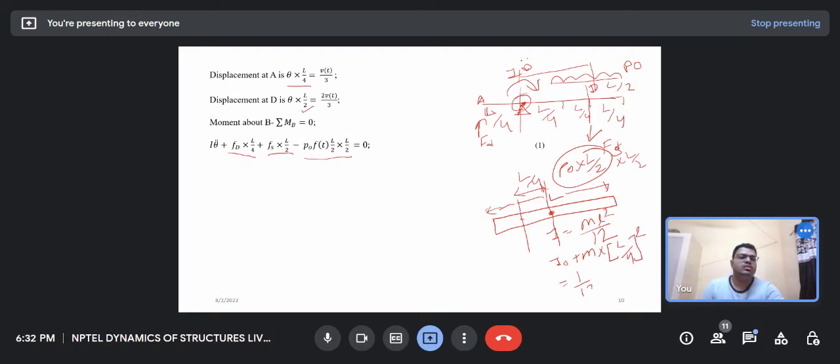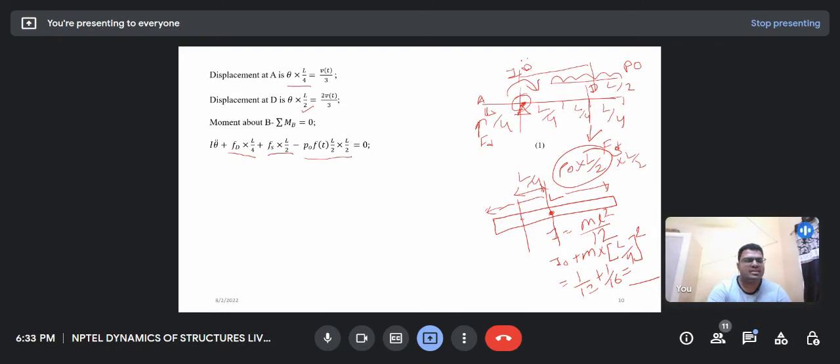So that will be 1 by 12 plus 1 by 16. If you take the LCM, you will get your I. Can anyone tell me what your I is? 7 by 48, 7 by 48 ML square.